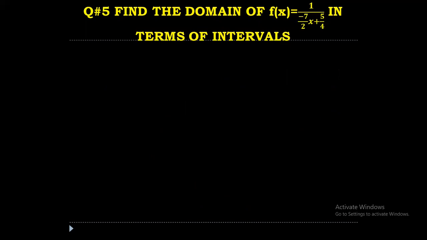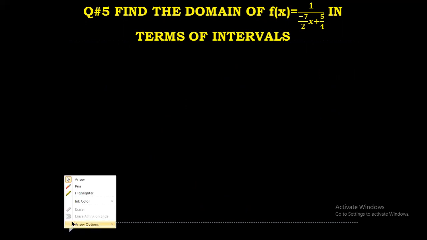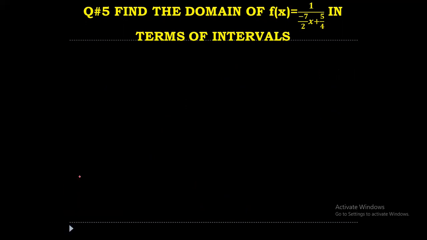Last question. So find the domain. A very important topic we are doing, which will help you a lot in solving MCQs especially, or in terms of questions. The question is f(x) = 1 over minus 7 over 2x plus 5 over 4.